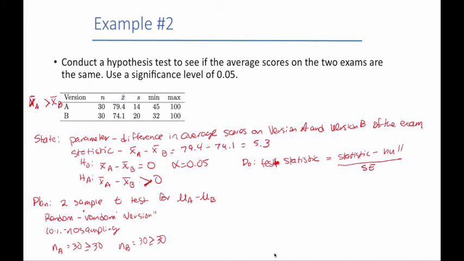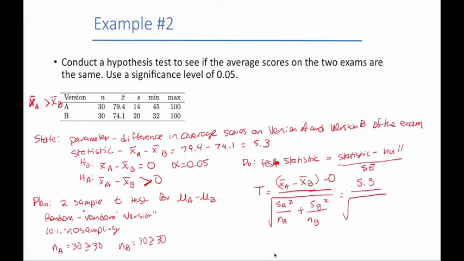For this, that's going to be that t is equal to X bar A minus X bar B, the null value being 0, over the standard error, which is the square root of SA squared over NA plus SB squared over NB, which is 5.3 over the square root of 14 squared over 30 plus 20 squared over 30, which is 1.189. That's our test statistic.